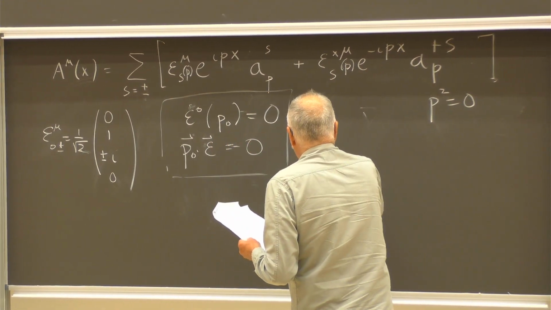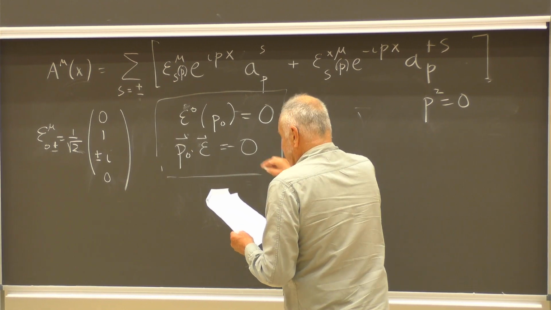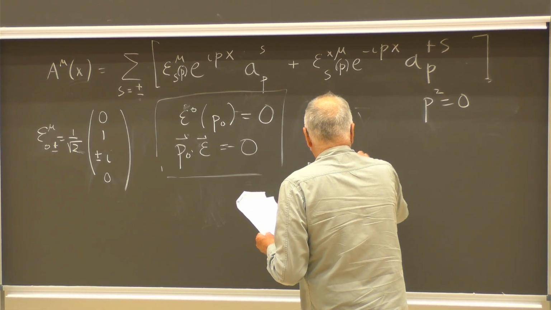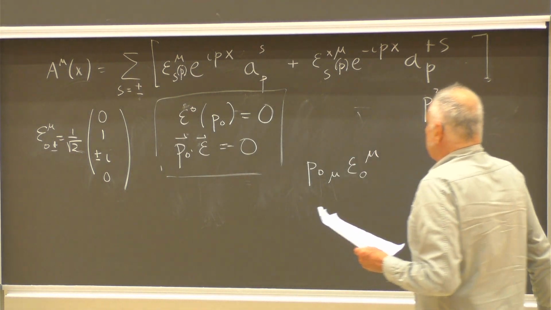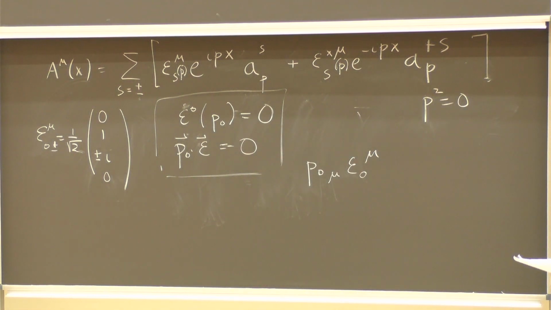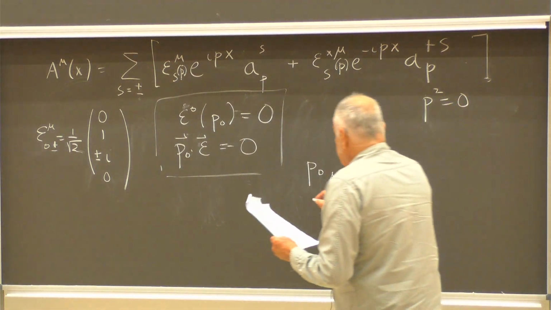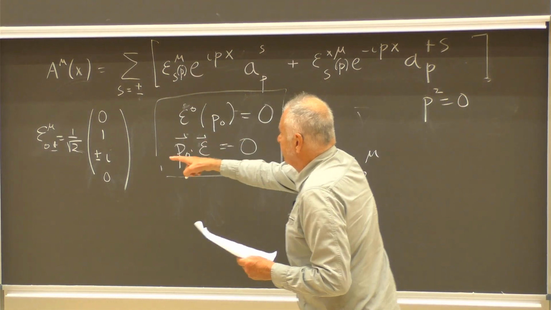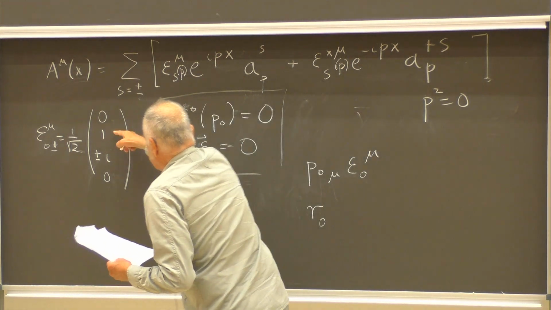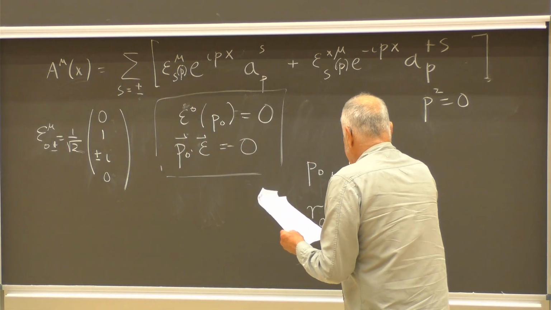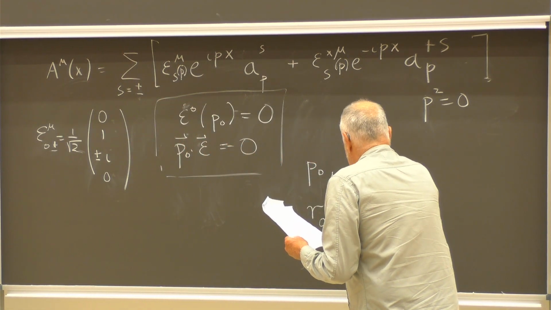So the first constraint is that the scalar product of the momentum and polarization vector is equal to 0. And then the second constraint, since essentially there are two 0 components, I can write this way.